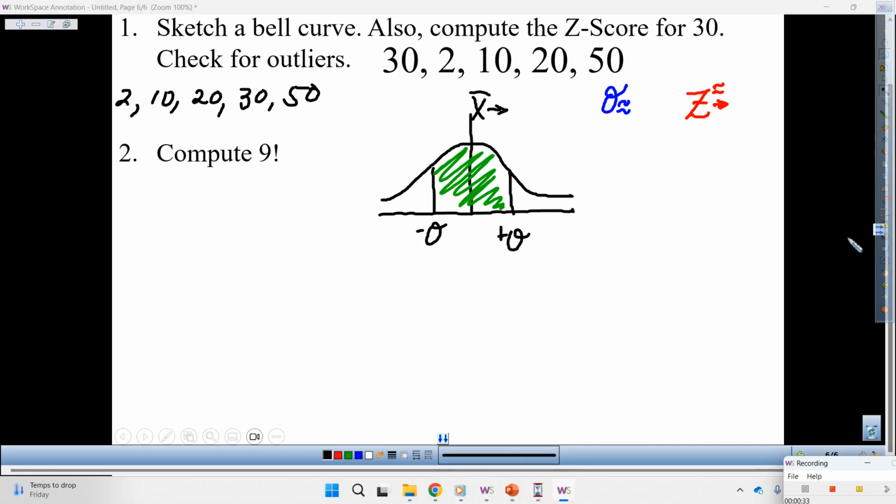All right, here we go. Mean, Aleshka, what'd you get? $22.4.